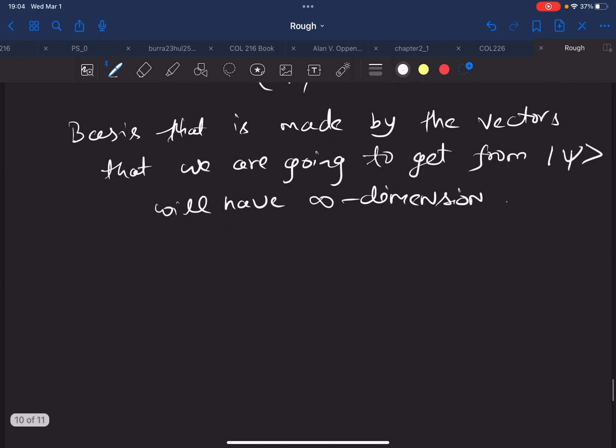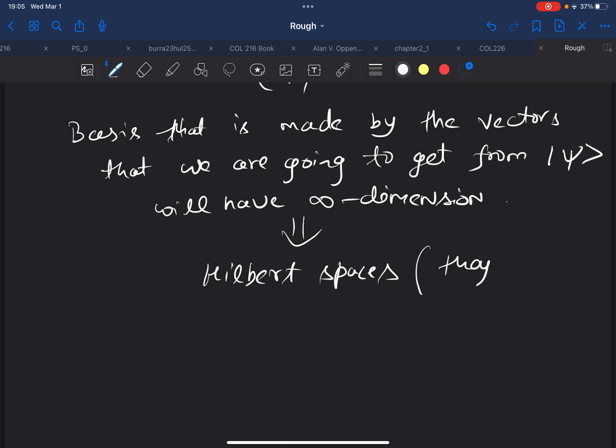And we have certain kinds of vector spaces that deal with these types of dimensions, and we call them Hilbert spaces. Hilbert spaces can deal with these infinite dimensions.